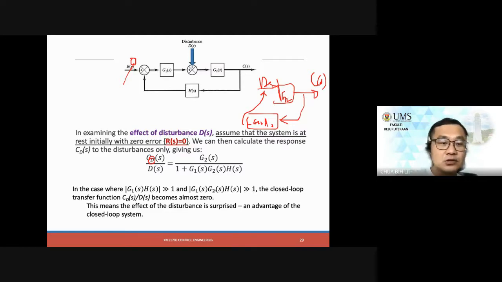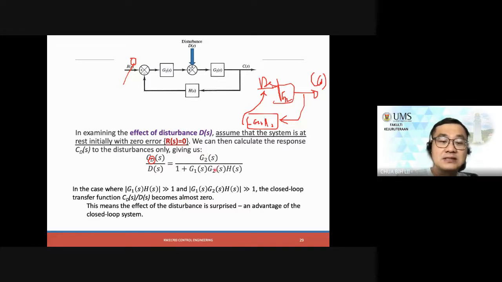Okay, so here you can see that in the case that GH is very large, larger than one, and also this G1, G2, and H1 is very large as compared to one, the closed loop transfer function will become sort of like zero.